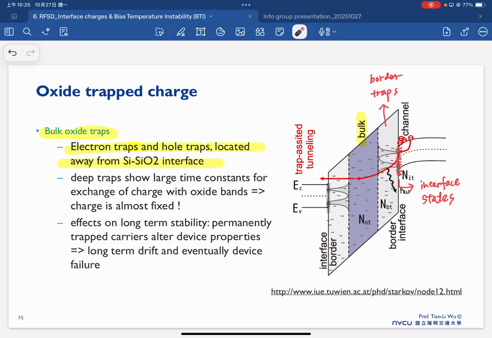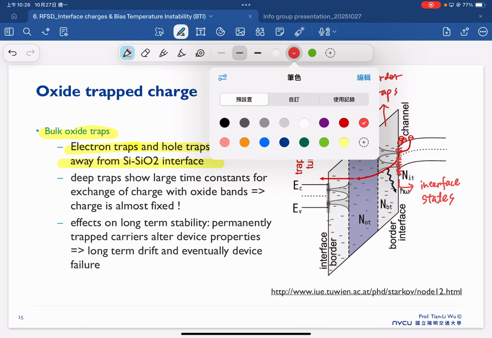Once we apply a positive bias, electrons might start to be injected from left to right, and therefore these electrons can possibly be trapped in different regions.